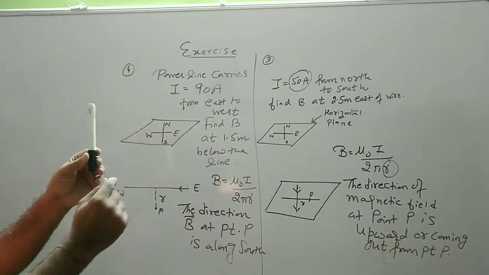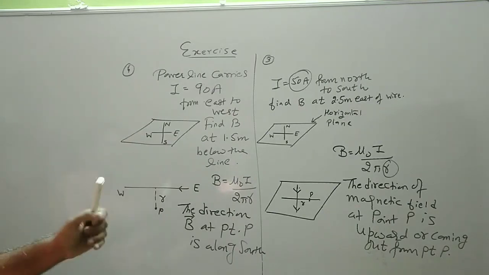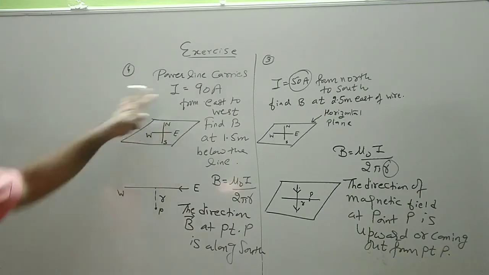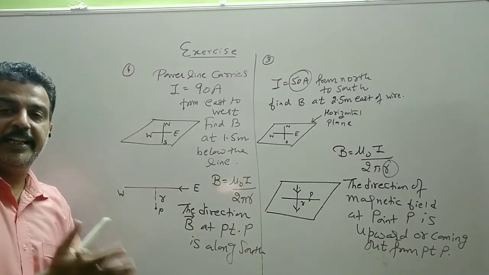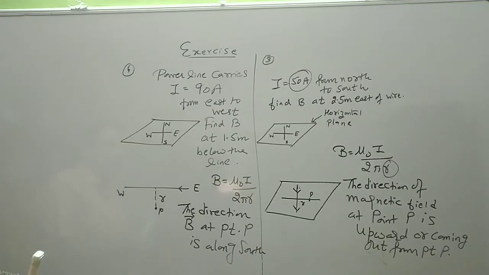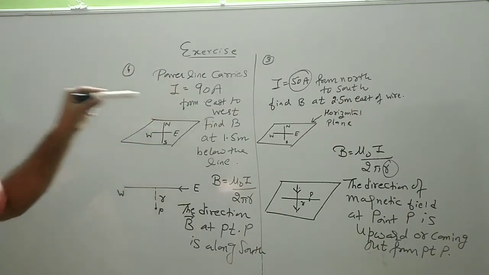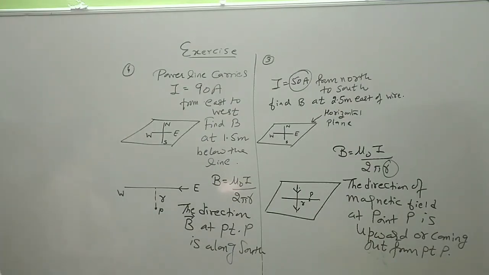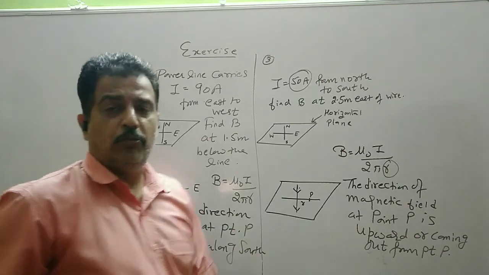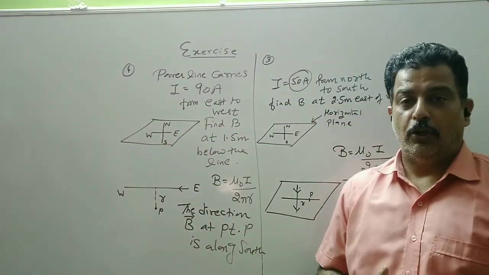So the magnetic field intensity will be along the tangent. So we take a horizontal plane so that the direction would be easy to find out, because the power line will be moving horizontally, so we have taken the power line to be horizontal. So this is the application of Ampere's law.